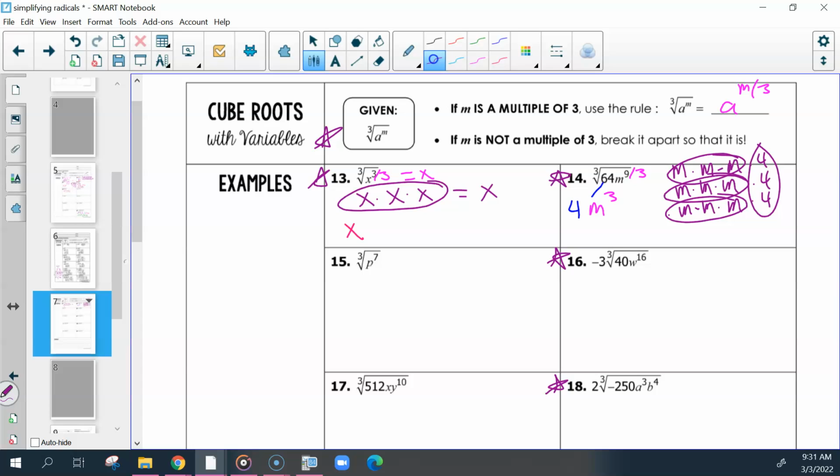So we would have everything get to come out: 4m to the third. If we're doing the last method, we already know the cube root of 64 is 4. 3 goes into 9 how many times? 3.